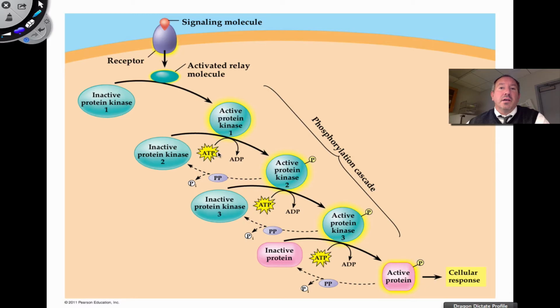So it grabs a phosphate from adenosine triphosphate, sticks it onto protein kinase 2, which then makes that activated because it has a phosphate, so it changes its shape. And then that in turn activates another kinase. And in so doing, it's increasing the numbers of these secondary messages, and therefore ultimately resulting in a cellular response.